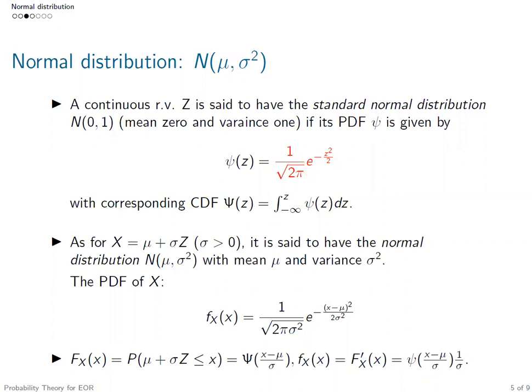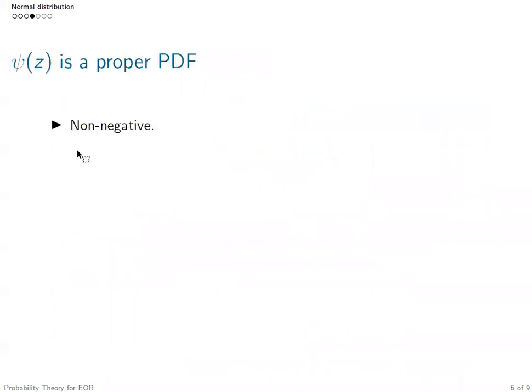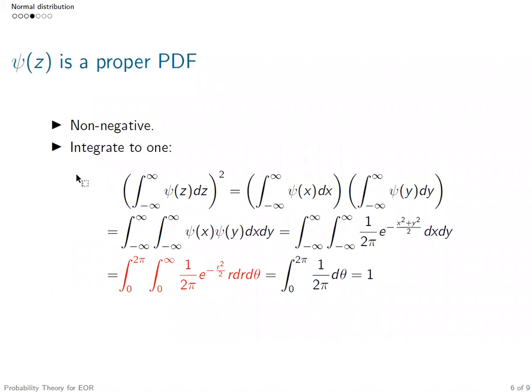The next thing is to make sure this is a proper PDF, we also have to make sure this satisfies the second property: if we integrate phi(z) from negative infinity to positive infinity, it's equal to 1.